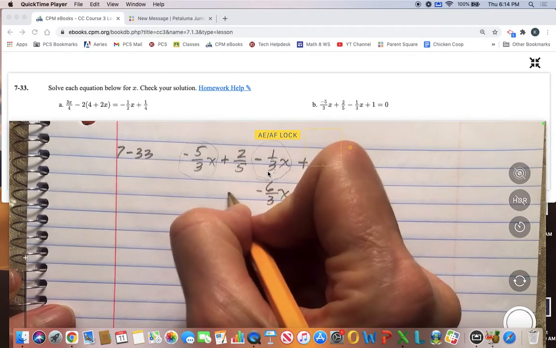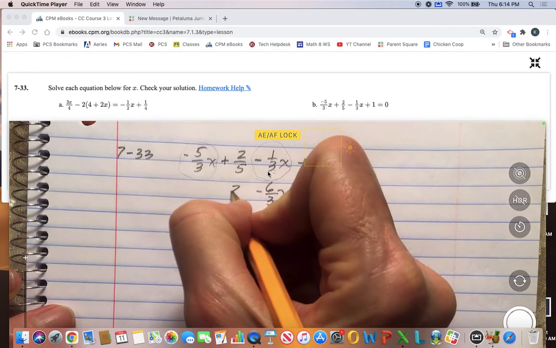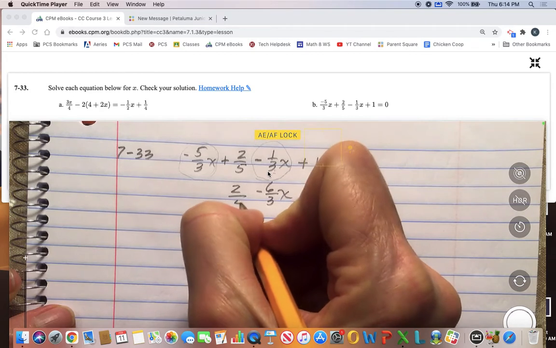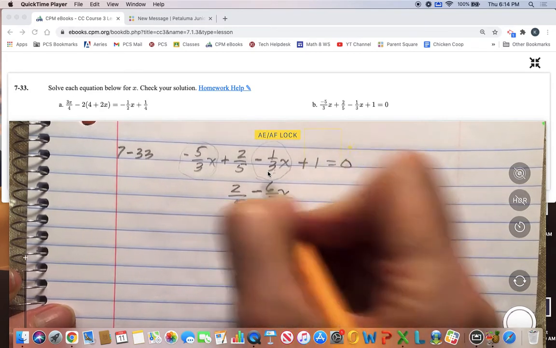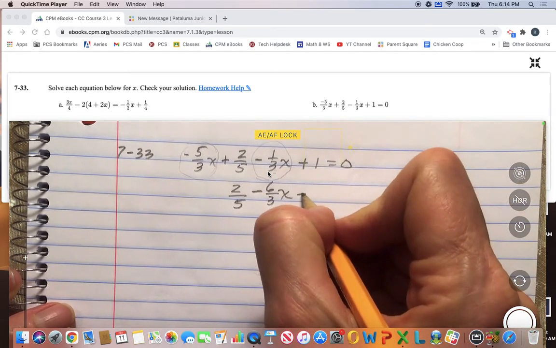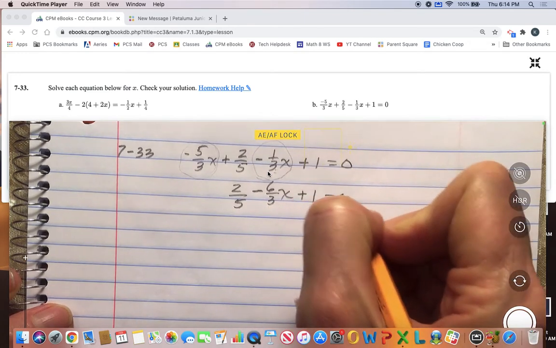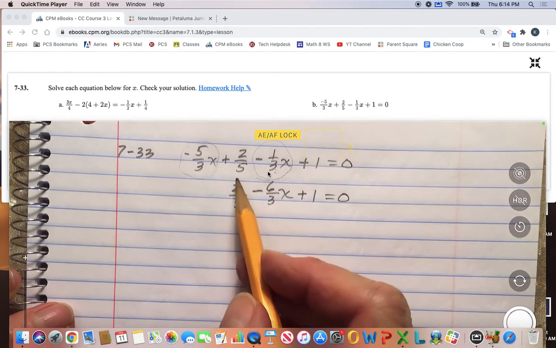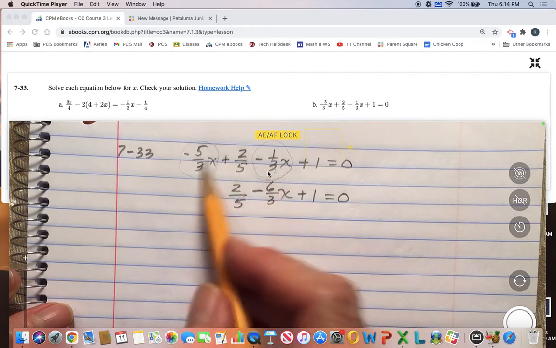And I still have this 2/5 here. Okay, so that's minus 2/5 plus 1 equals 0.